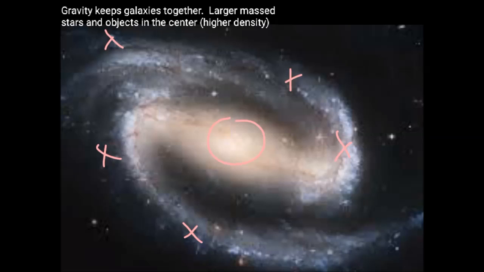So our less massive objects are out here. It's kind of like a giant solar system in a way. Again, there is gravitational attraction between these different areas, so even a galaxy is able to stay together because of these gravitational attractive forces.